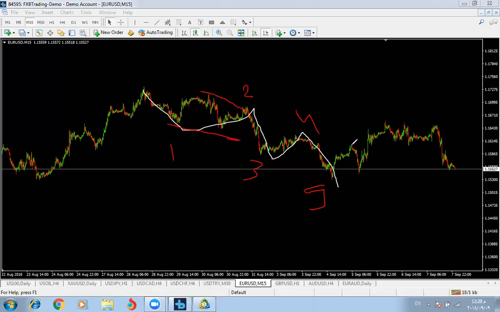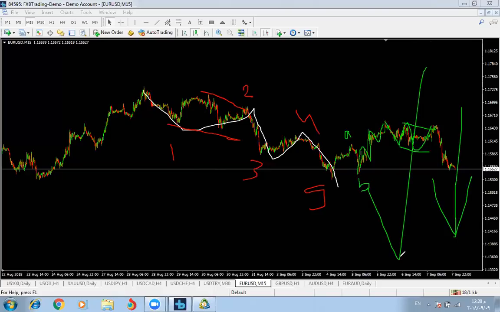Okay, this is A, this is B, and C in the form of 5 legs to the upside. Then we have started with wave 1, wave 2, and the price started to move impulsively to the downside. That's all about Euro. So shorts only for Euro USD.